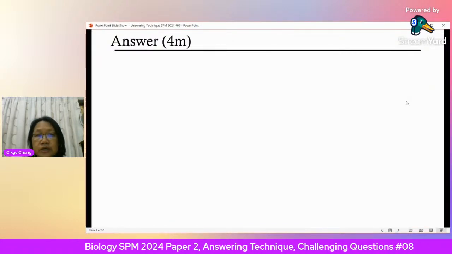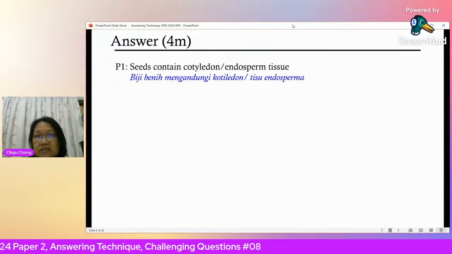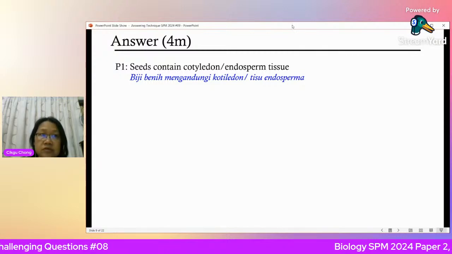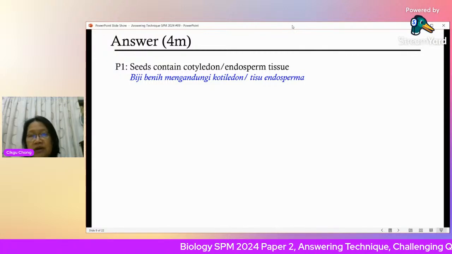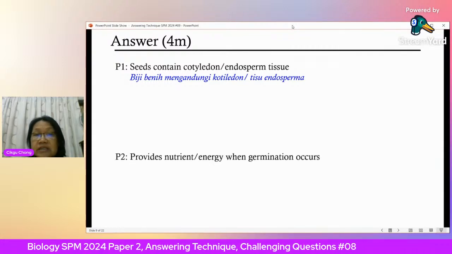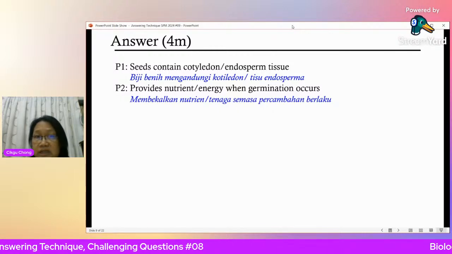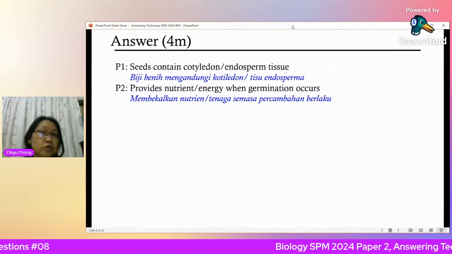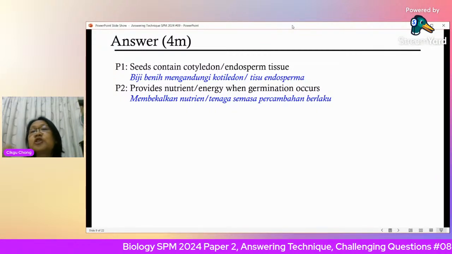Let's look here. Seeds contain cotyledon. Cotyledon is the tissue that stores food, and we call it endosperm tissue. So the importance of it is that it contains storage of food. This cotyledon or endosperm tissue is a storage of food, so it provides nutrients and energy for germination.